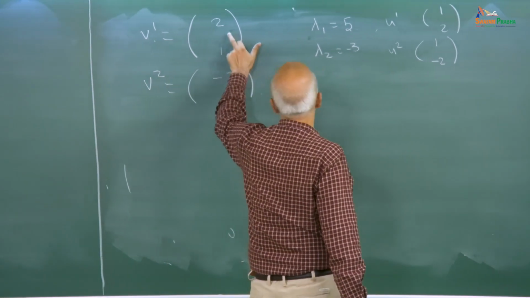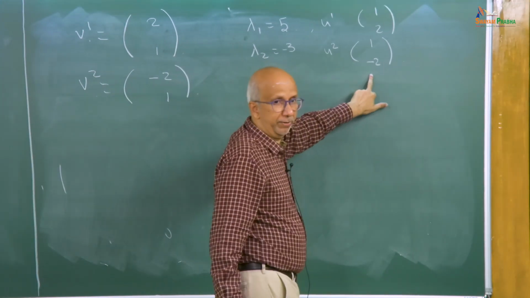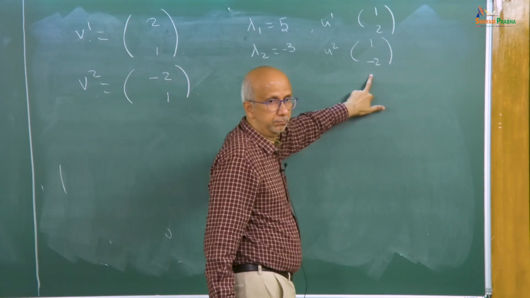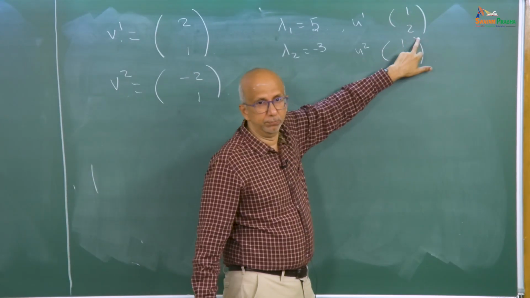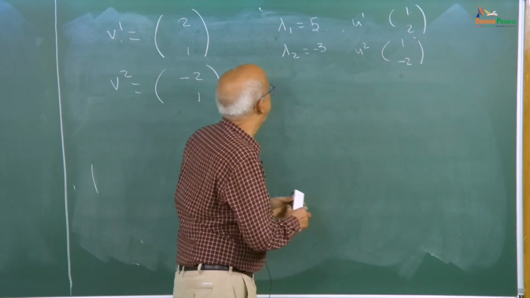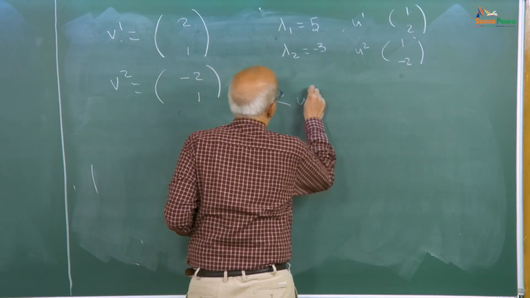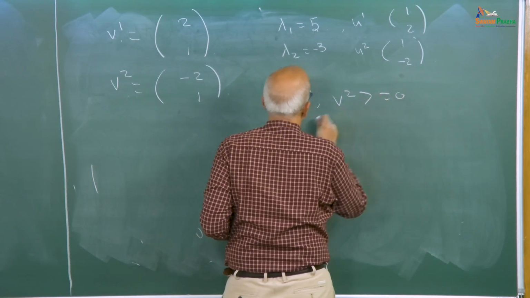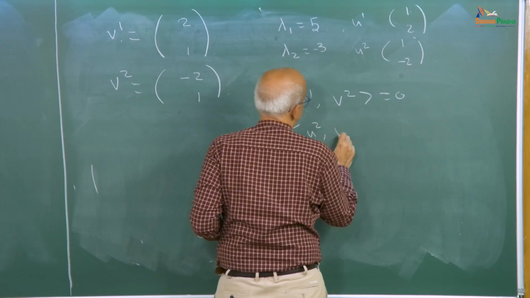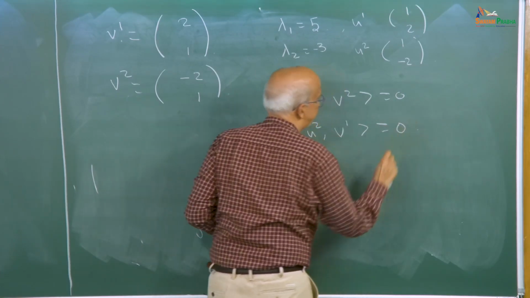Minus 2 1 is orthogonal to 1 minus 2. Minus 2 1 is orthogonal to 1 2. Okay. Inner product of u1 with v2 is 0, inner product of u2 with v1 is 0.